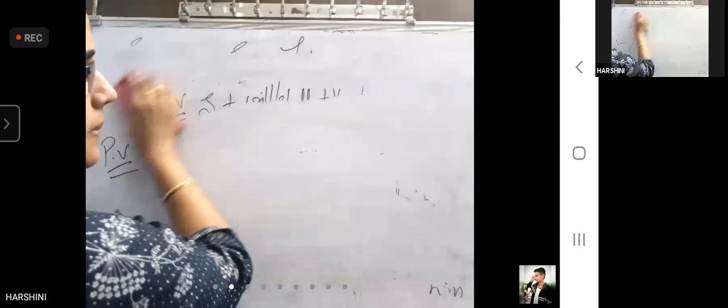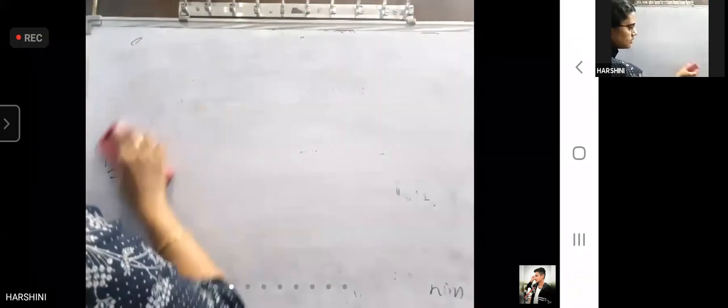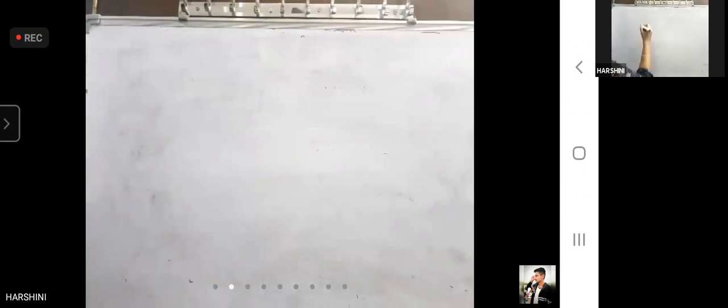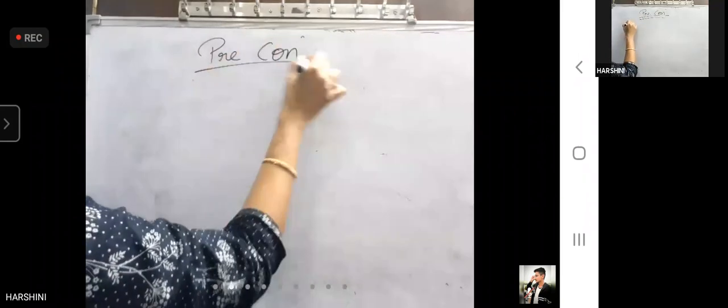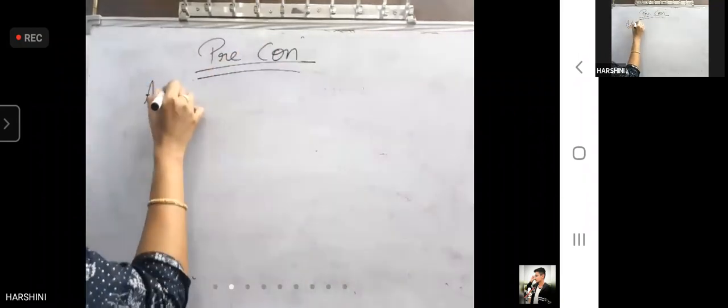So the first part is completed. Now the second part is continuous tense. Be very careful and keen in understanding continuous tense, and it is easy only. Now let us go for present continuous. What is the active voice of present continuous?